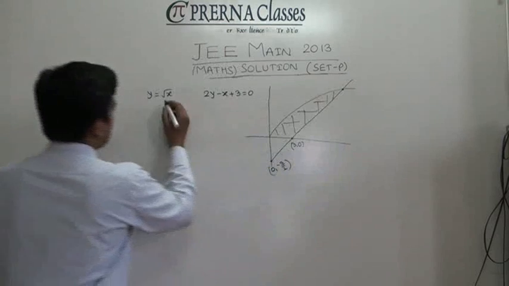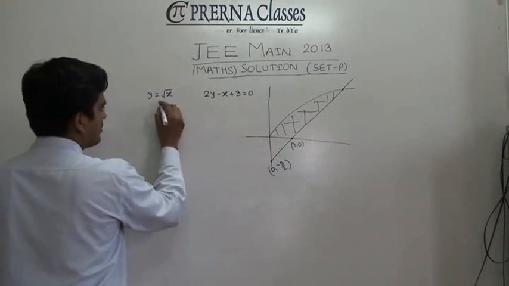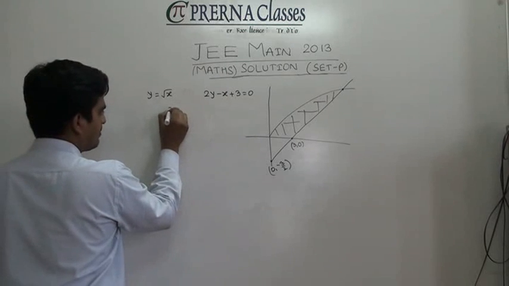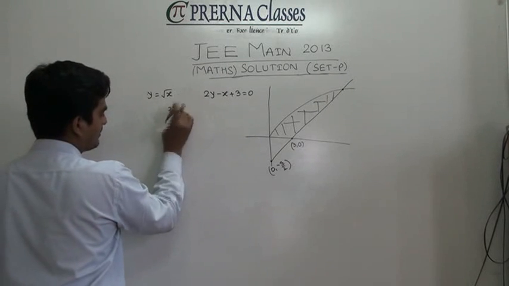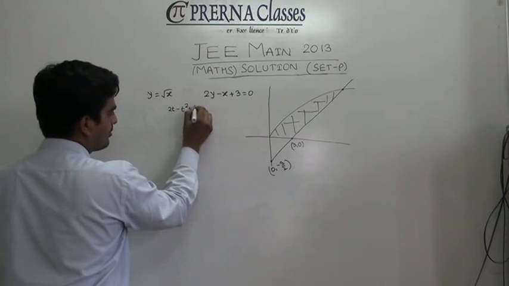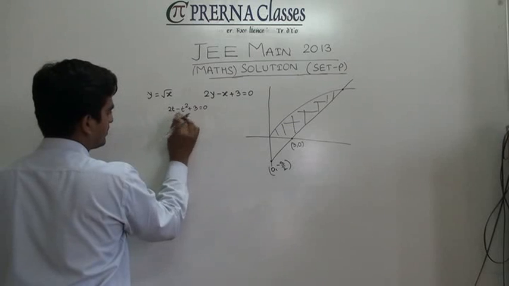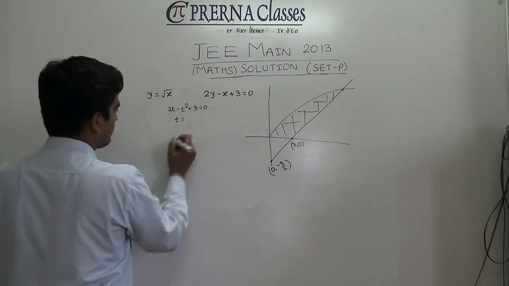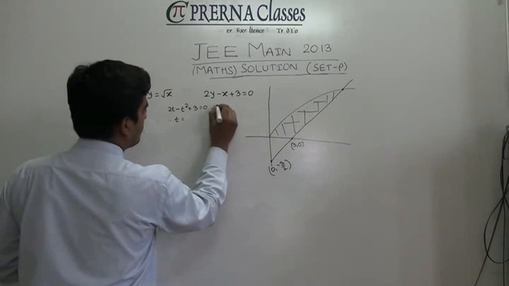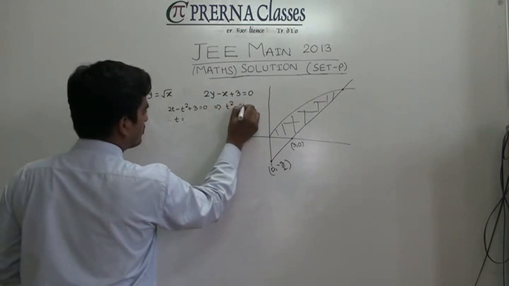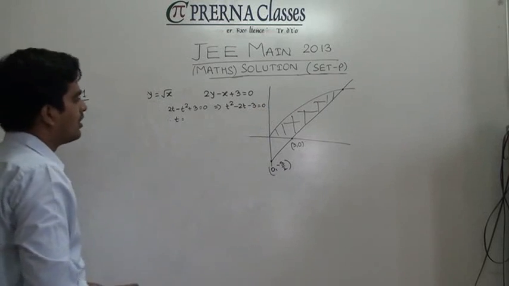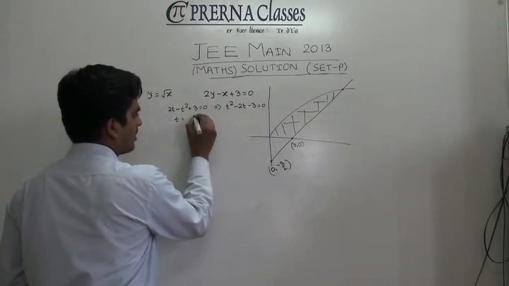For this particular point, you need to obviously solve this pair of equations. So if you put root x in place of y here, if I take root x as t, this is 2t minus t square plus 3, which is simplifying to this, and the roots for this.